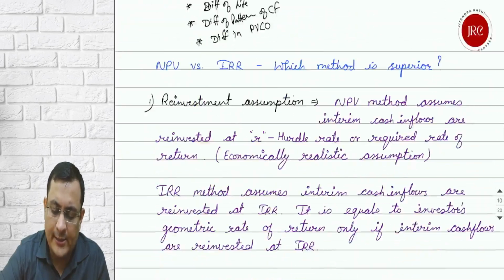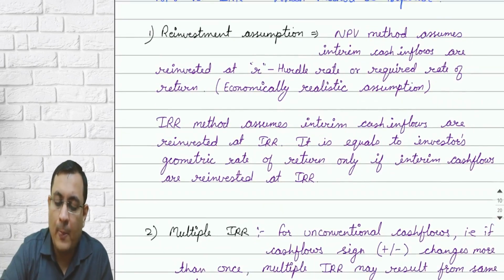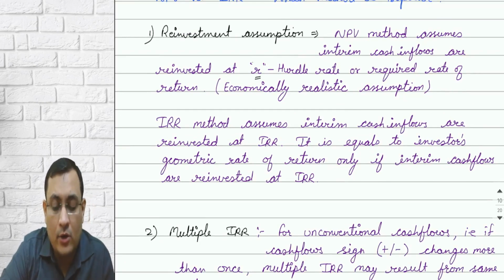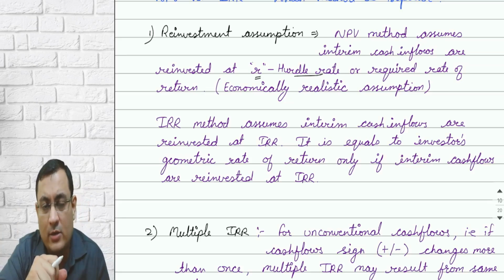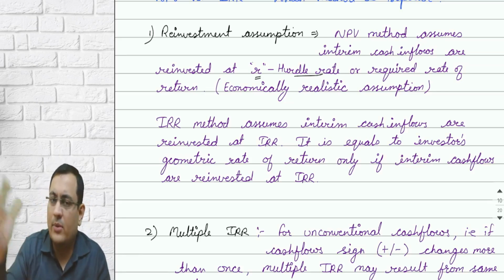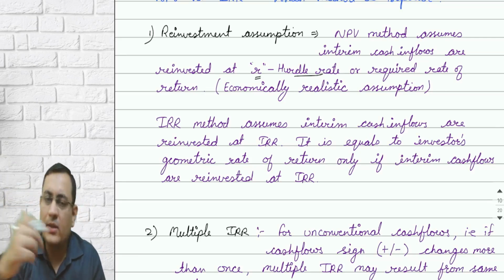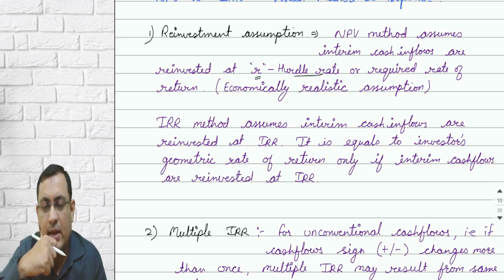So there is an inbuilt assumption that interim cash flows are reinvested at R, your hurdle rate, required rate, which is economically realistic also. You are discounting at 10% because you assume that in a different opportunity with the same risk class, we will get this return, and this is an economically realistic assumption.